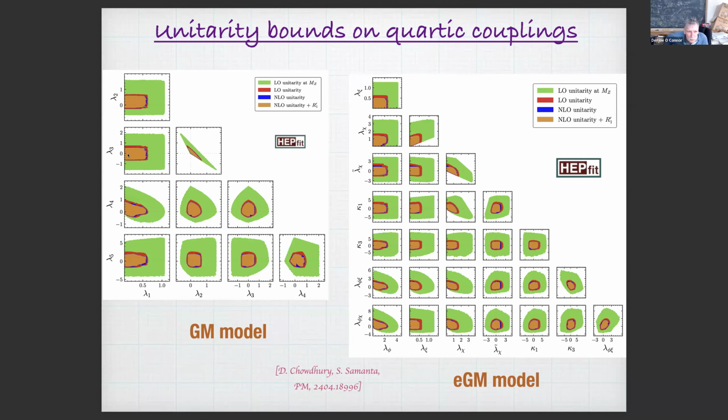I was concerned more about the negative values of some of those parameters, whether they're becoming squeezed going from the leading order to the next to leading order. Not all of them. Lambda 4 is almost becoming forced to be positive.